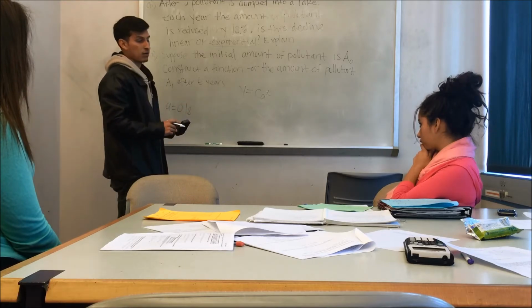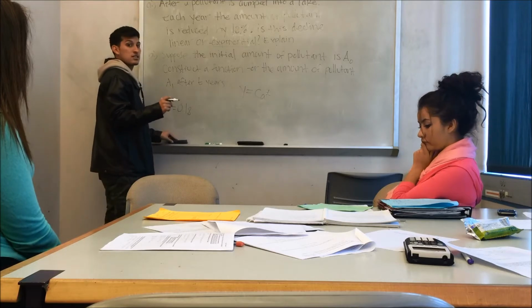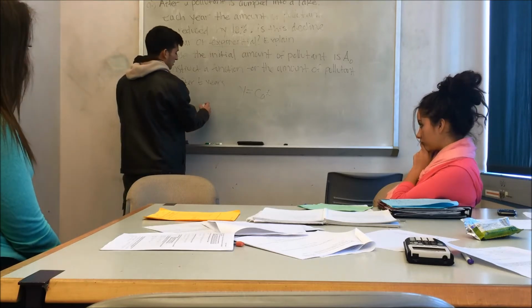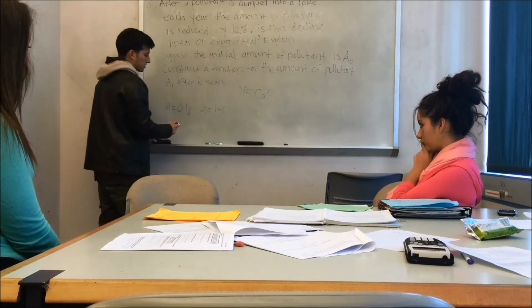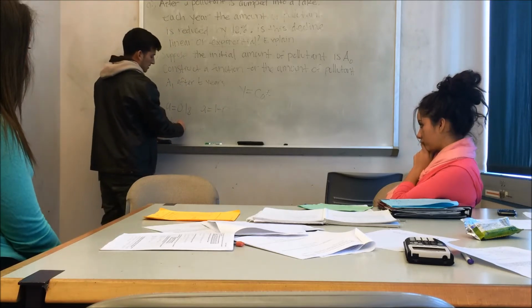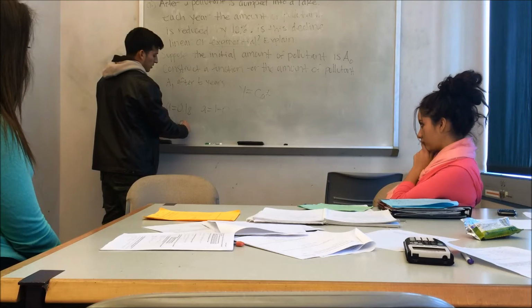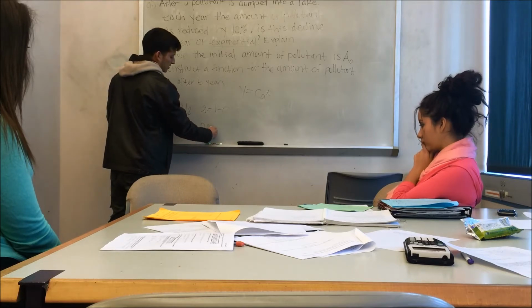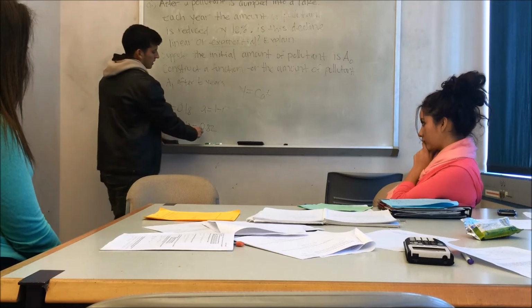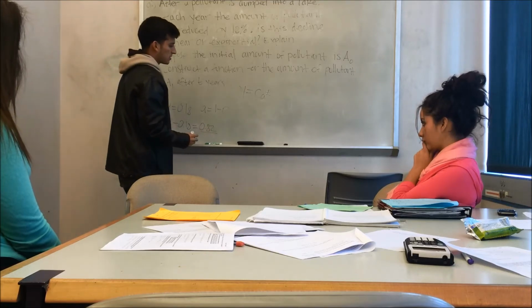Now we have to find the decay rate. In order to define the decay rate, we have to do a equals 1 minus r. So 1 minus 0.18 is going to equal 0.82. So now that we have the decay rate, we can put the function together.